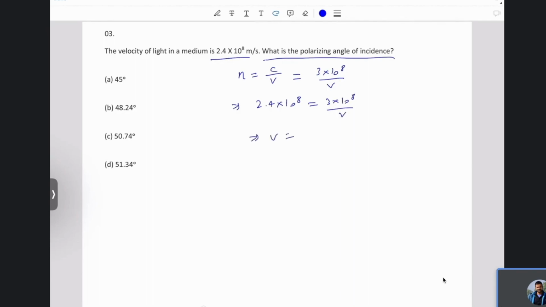So n is just 3 by 2.4, which is 1.25. Correct.